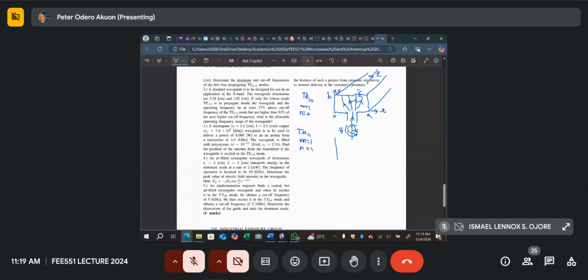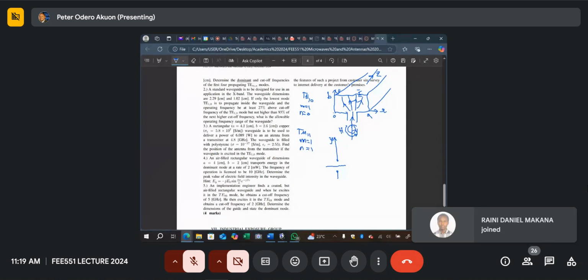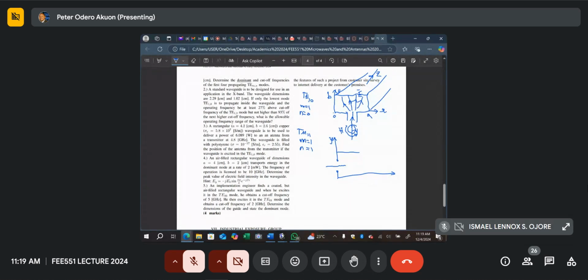So you have Y. We know that you are exciting it with a half variation, so it means at the middle somewhere. So here is B, and at this point is B over 2.